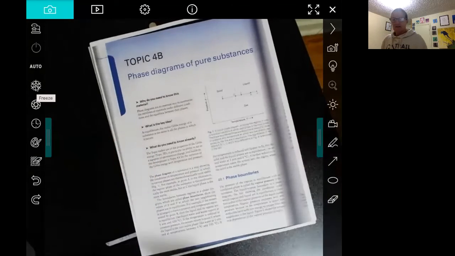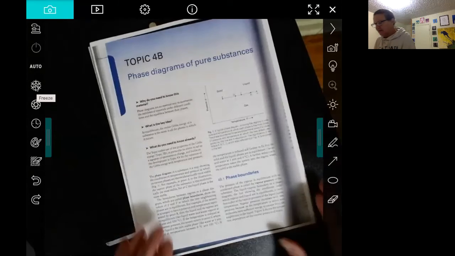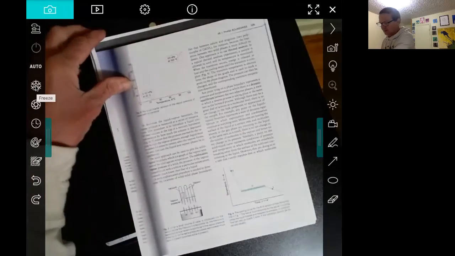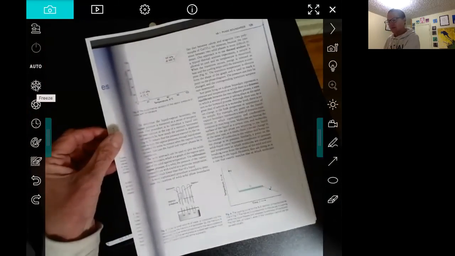The second section, 4B, takes us now into just looking at pure substances. And we know that the phases are going towards having the lowest Gibbs free energy. We can think about where the boundaries are in making our phase diagrams.